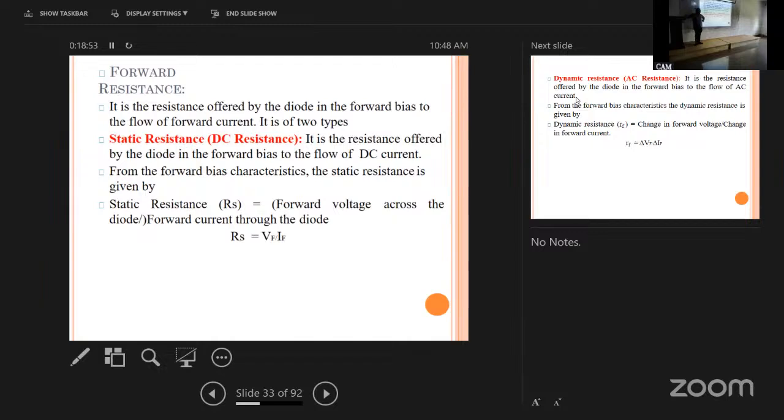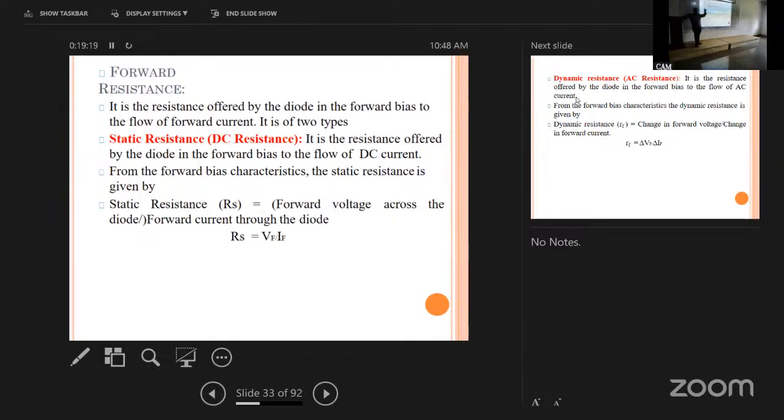Dynamic resistance can be obtained by taking two values of voltages, in forward bias mode only. So it is V4 minus V3 by I4 minus I3, or VF2 minus VF1 by IF2 minus IF1.